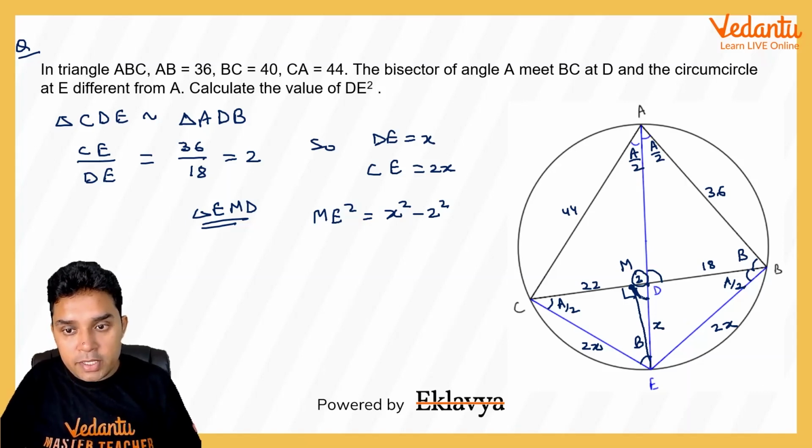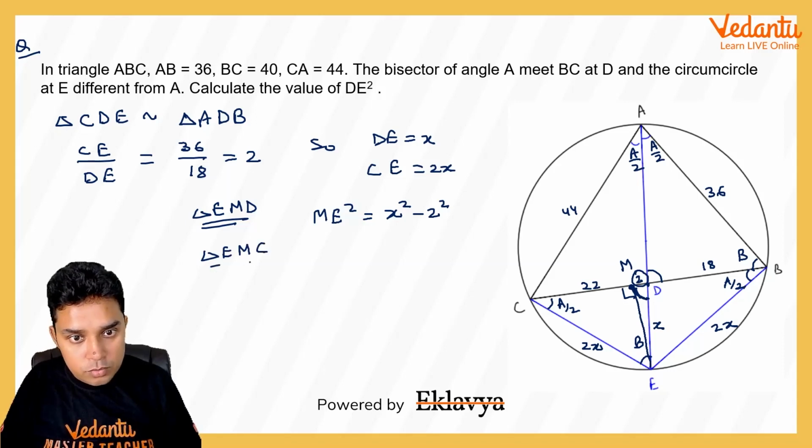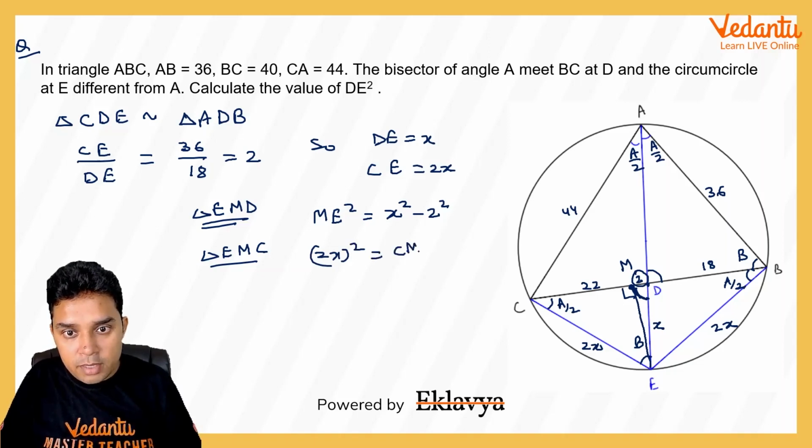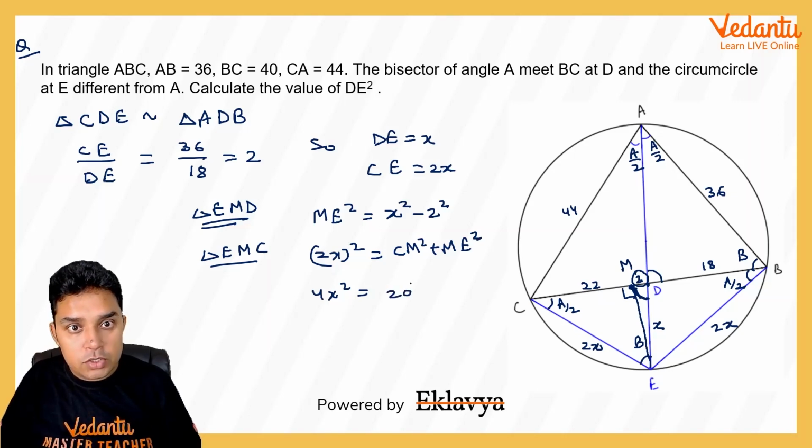Now use the Pythagoras theorem in the triangle EMC also. So what will we get? 2x whole square will be equal to CM square plus ME square. So 4x square is equal to 20 square, because M is the midpoint, plus ME square, which we found as x square minus 2 square, or minus 4.